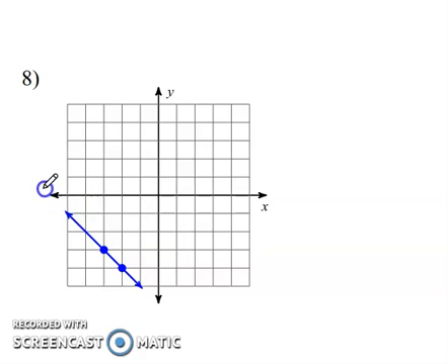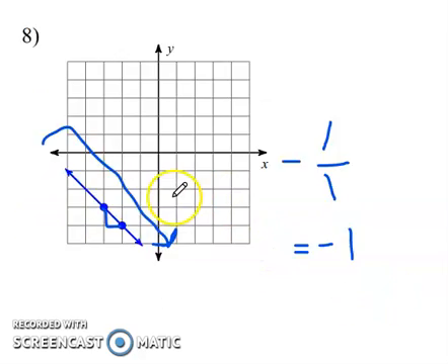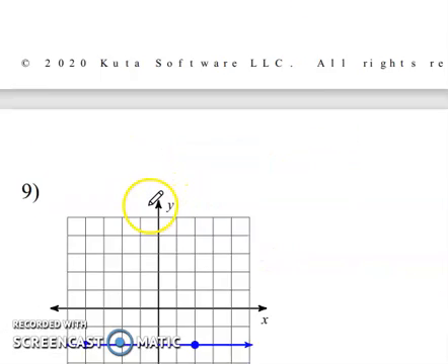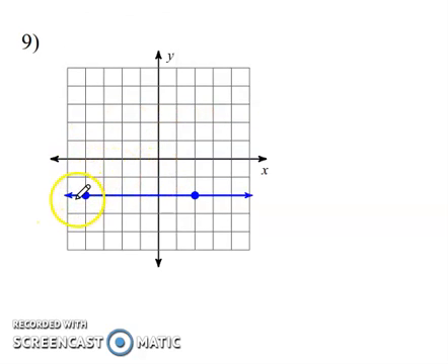This is a negative slope because we're going down. Slope is rise over run, or y over x. So I'm going to connect. I have a rise of 1, and I have a run of 1, so 1 over 1. And it's negative because it's going down, so my slope is negative 1. Once again, this is a 0 slope because we have a flat line.